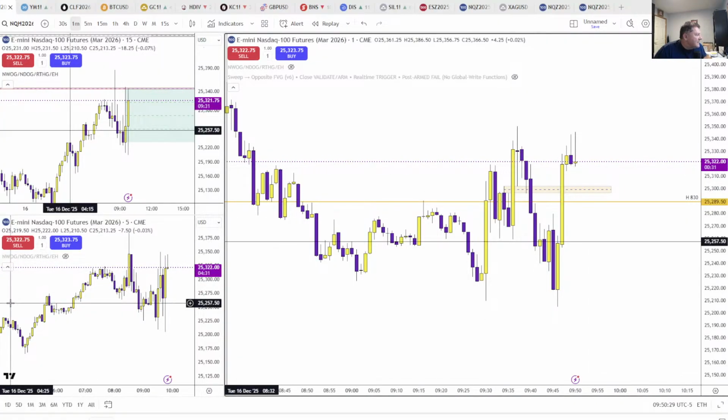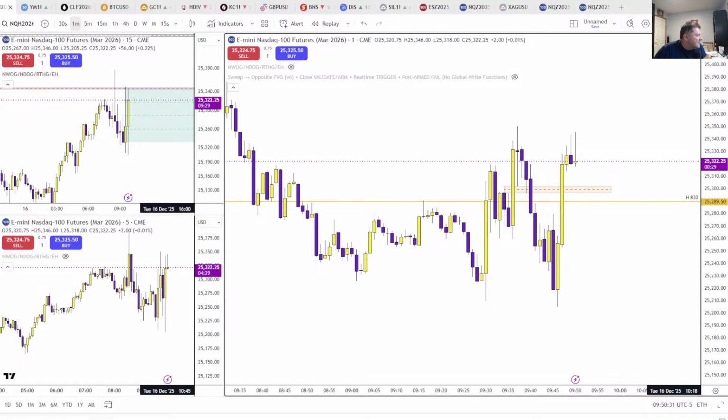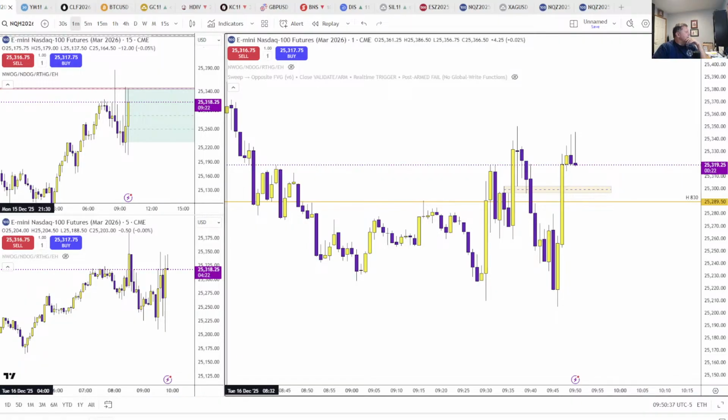Now the 4 hour looks kind of scary because there's a huge, if we close above 82, oh no, this is a December contract.